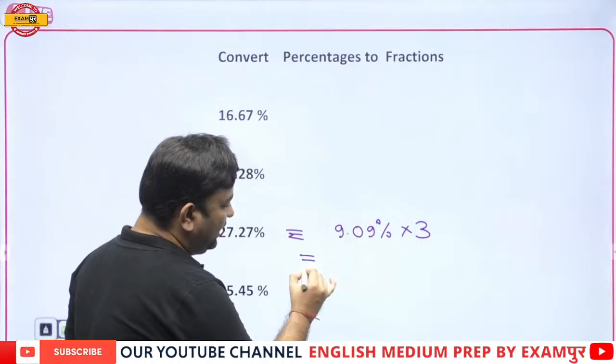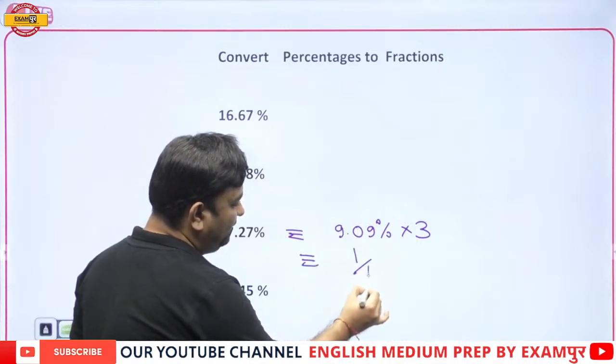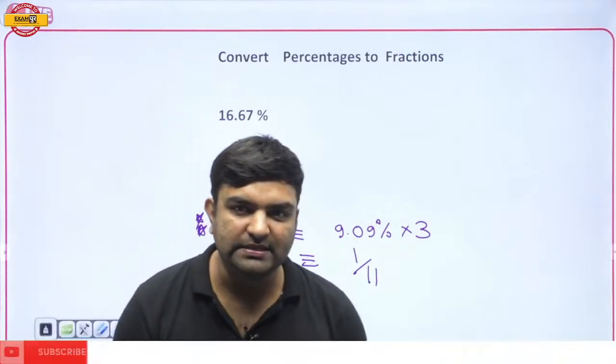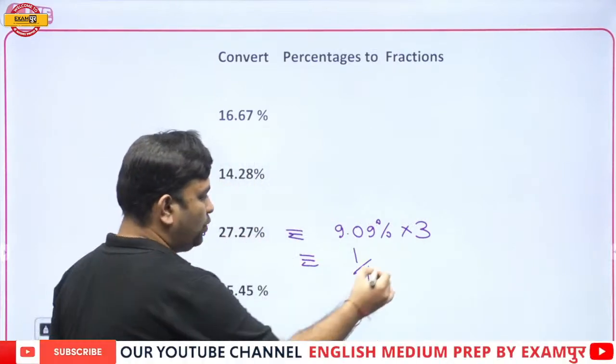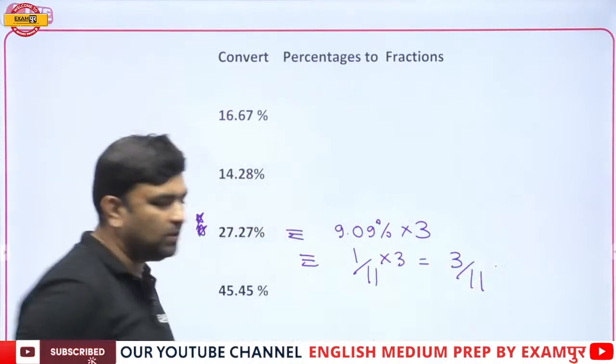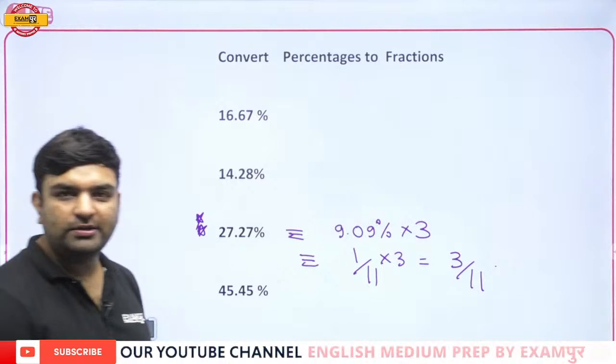And 9.09% is nothing but 1 by 11. So 1 by 11 into 3 is 3 by 11. Got it, guys?